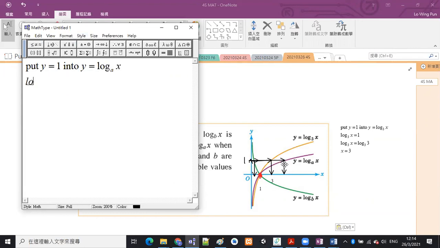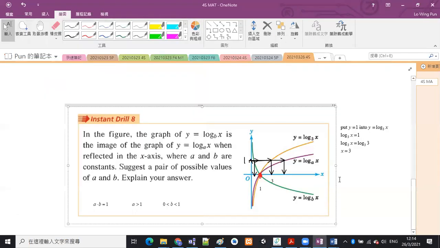Okay, and then we will get log x base a equals 1. But this time, I'm going to change the 1 to be log a base a. Then x is equal to a.